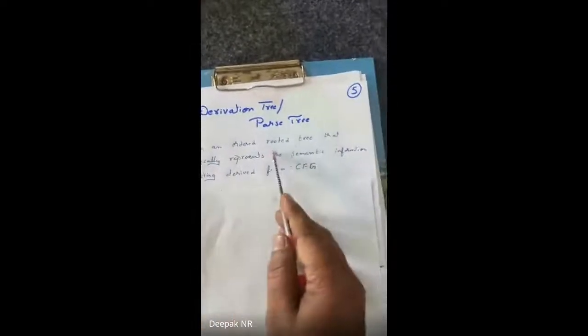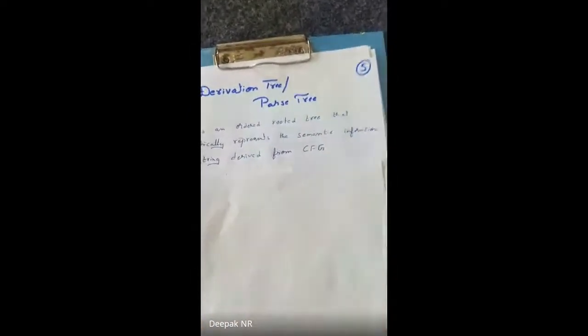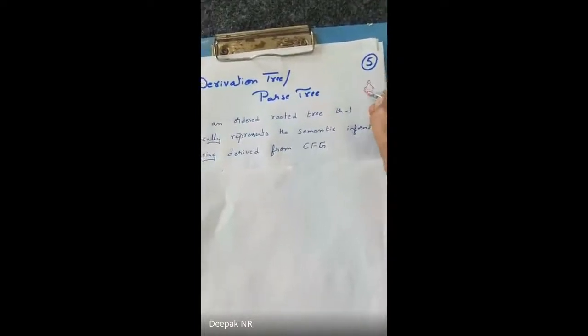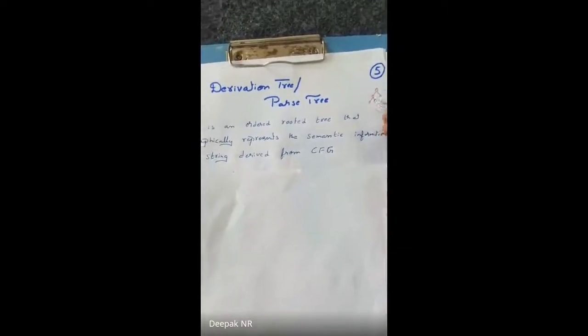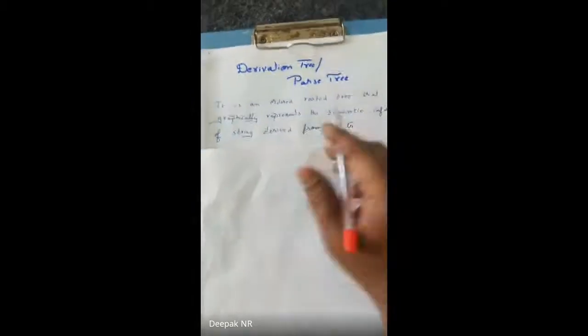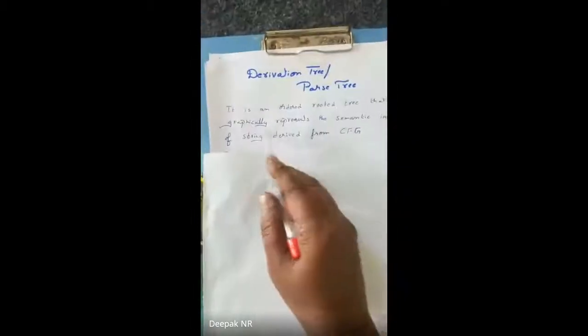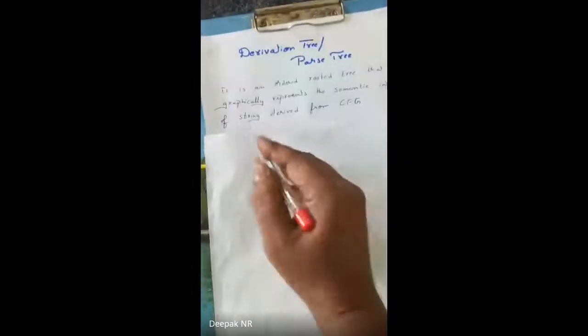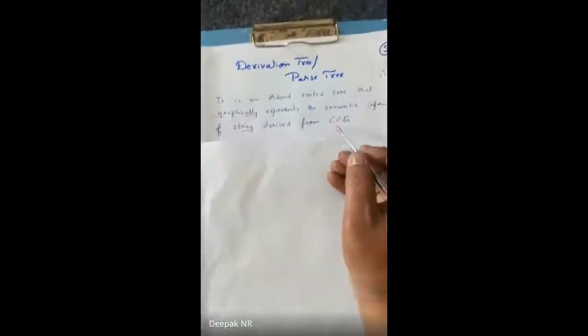It is an ordered rooted tree, a tree-like structure, a root node followed by a leaf node. It graphically represents the semantic information of a string derived from a CFG.